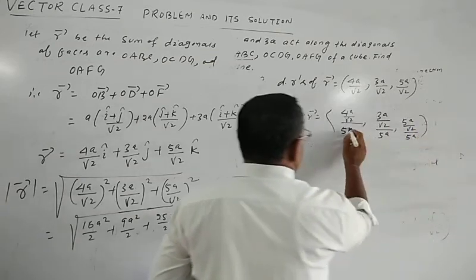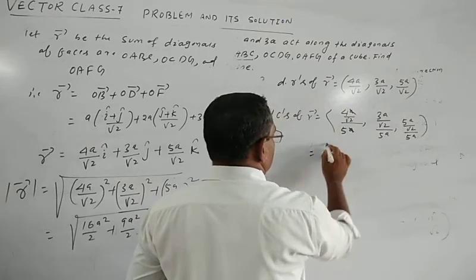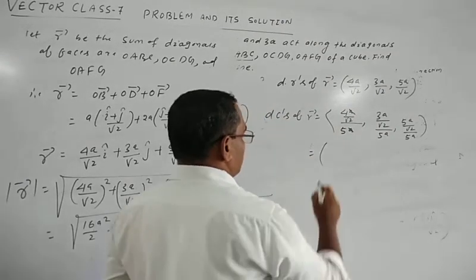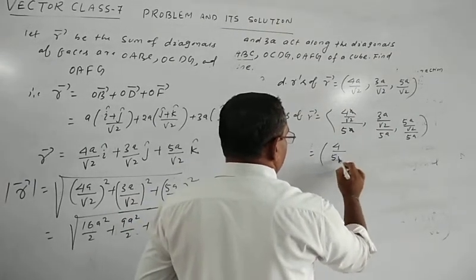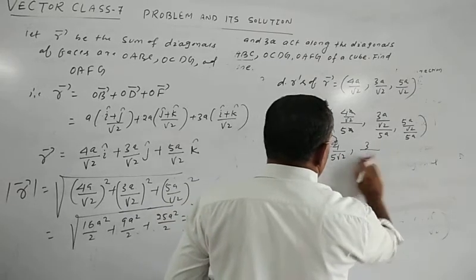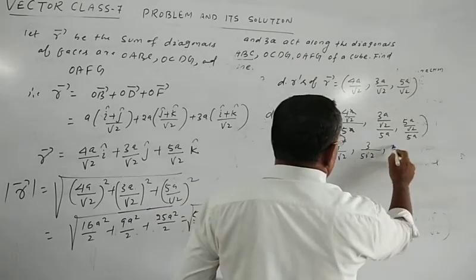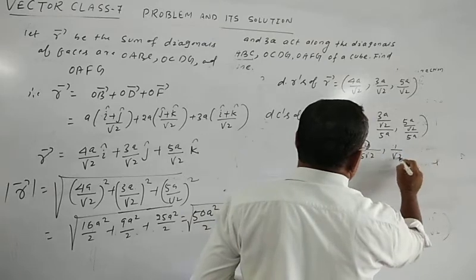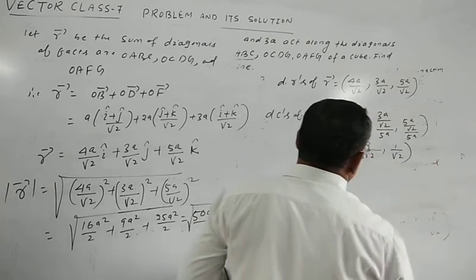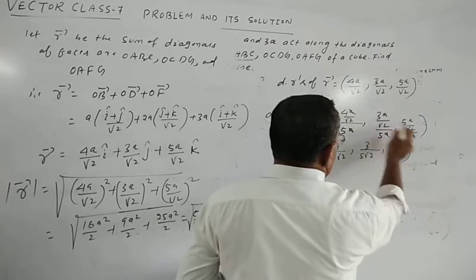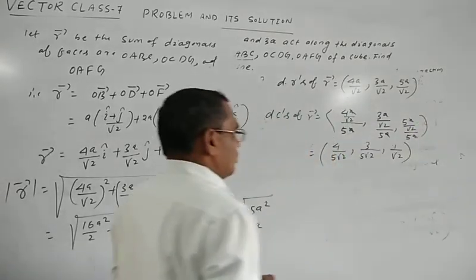Here a cancels, so this is equal to 4 by 5 root 2, and 3 by 5 root 2, and 5 cancels, so this is 1 by root 2.